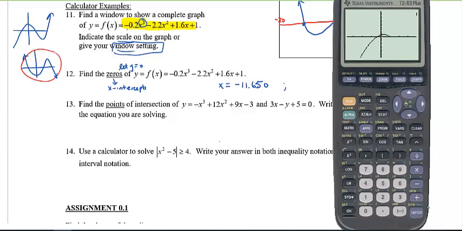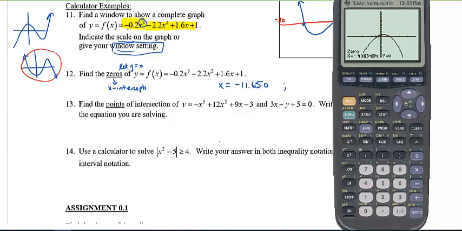And as I zoom in, lo and behold, there are 2. So now go ahead and find those 2 x-intercepts. We'll quickly once again choose 0. We'll move our left bound to the left of the 0, then move it to the right. Press enter one more time, and bam!